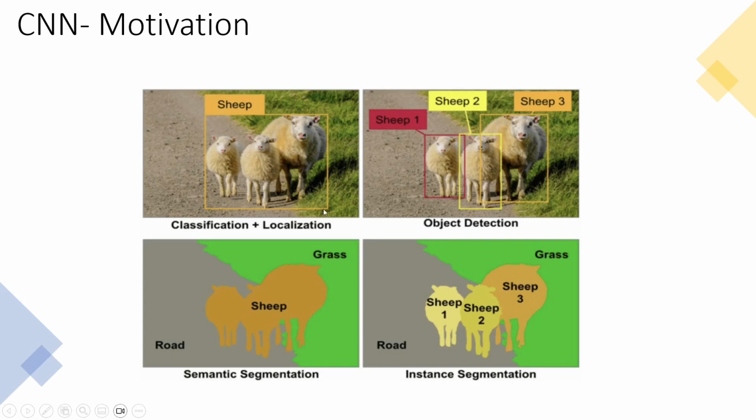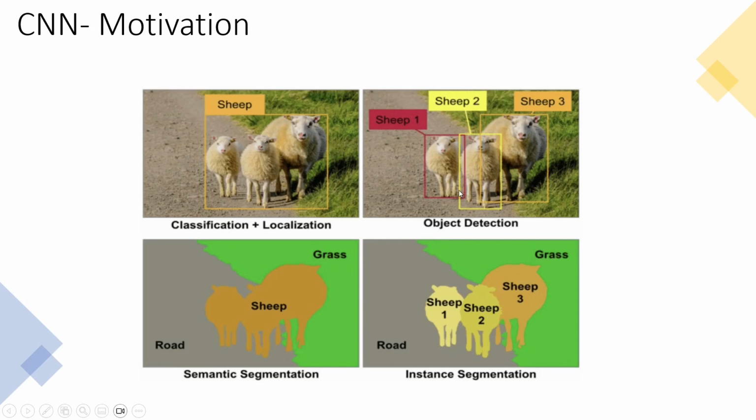This problem is called the localization problem. And the classification problem is classifying these animals as sheep. The networks we will be seeing today will be mostly used for the classification problem.